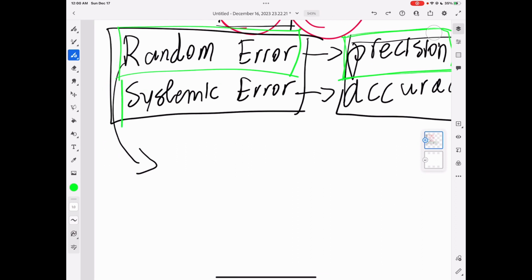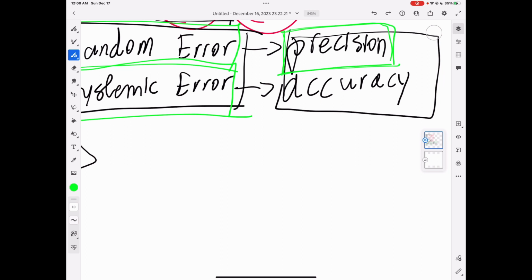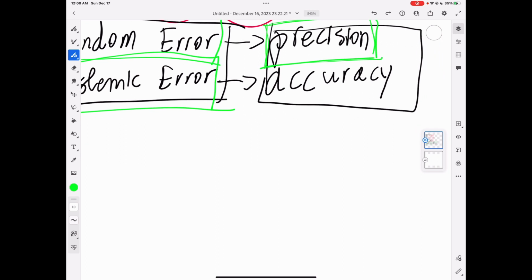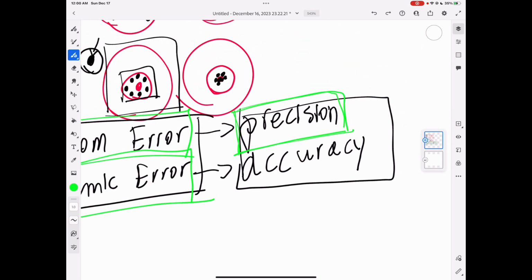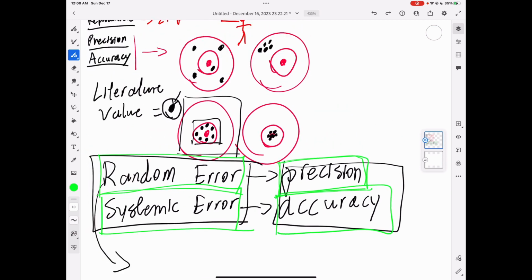Systemic error basically is things to do with accuracy. So this is basically when your experiment results differ from, let's say, the literature value. Maybe, but however, they're all precise. So this affects accuracy.